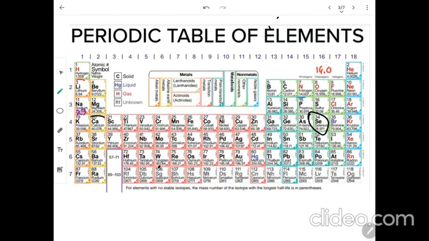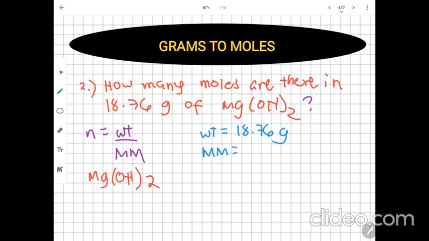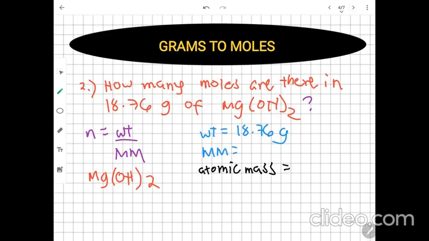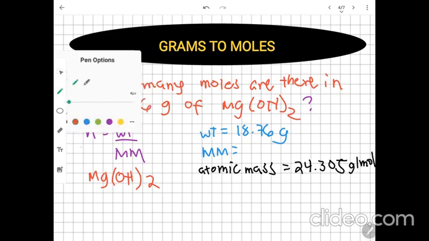For magnesium, we have 24.305. The unit is grams per mole. Take note, this is your molar mass.